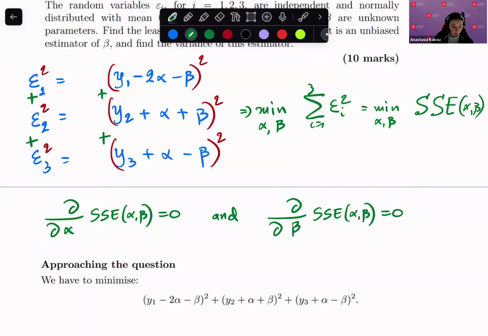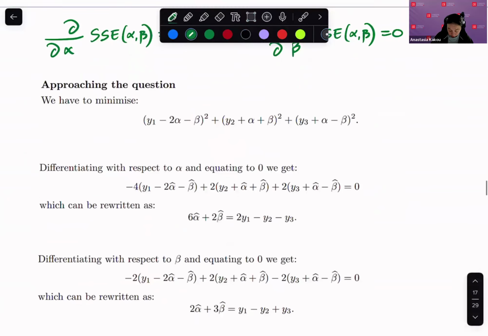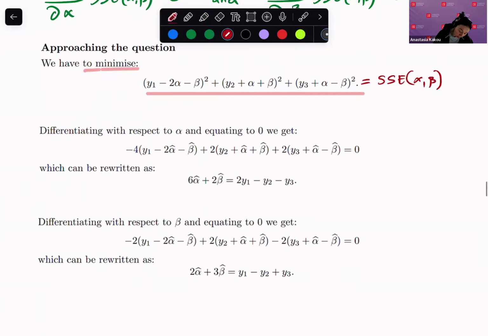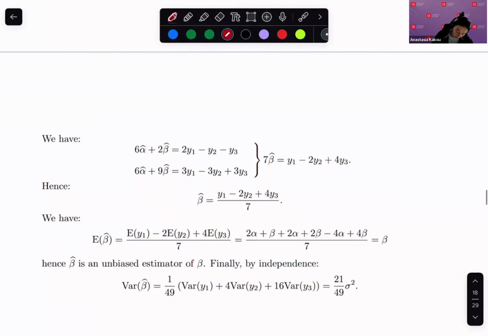Okay. All right, so that's exactly what is described in the solutions. We need to minimize the sum of squares of the errors that I gave earlier, which I've written above. In order to minimize this, we need to differentiate with respect to A and set it equal to 0, and then differentiate with respect to B, setting it equal to 0, and then solve the system.